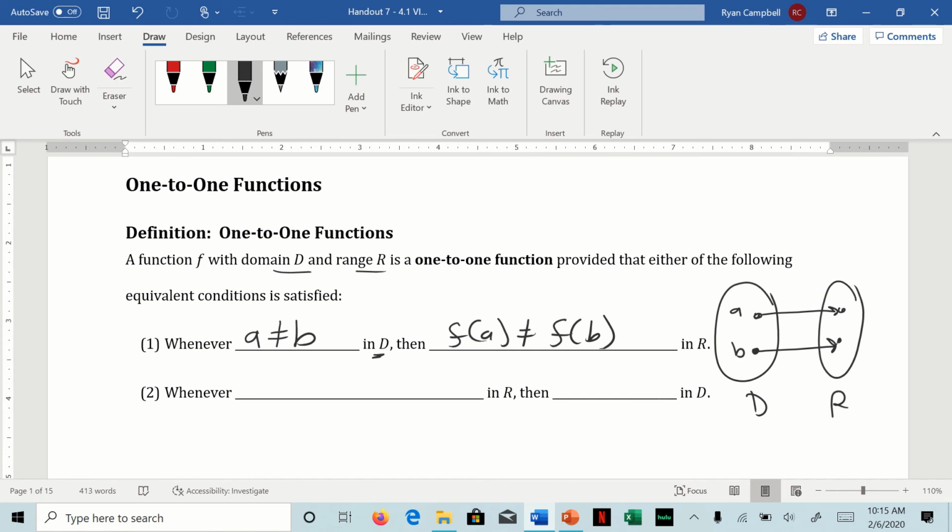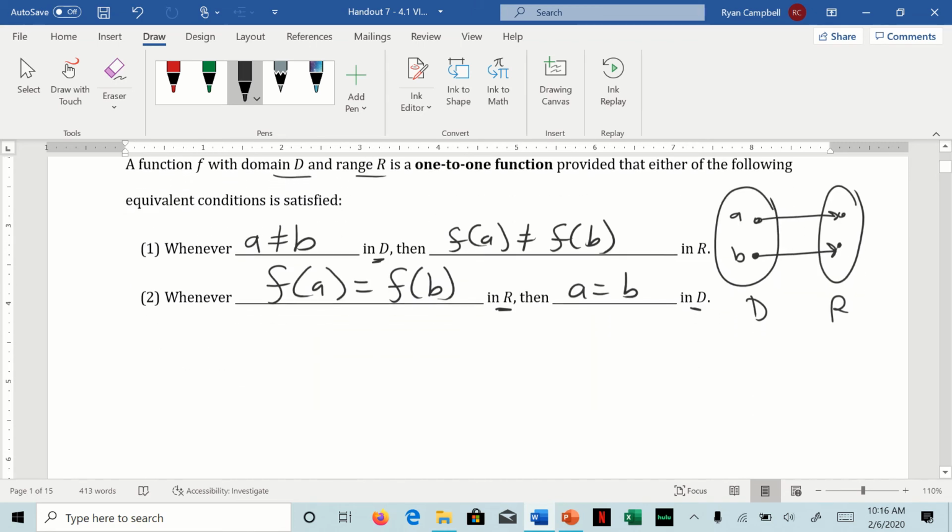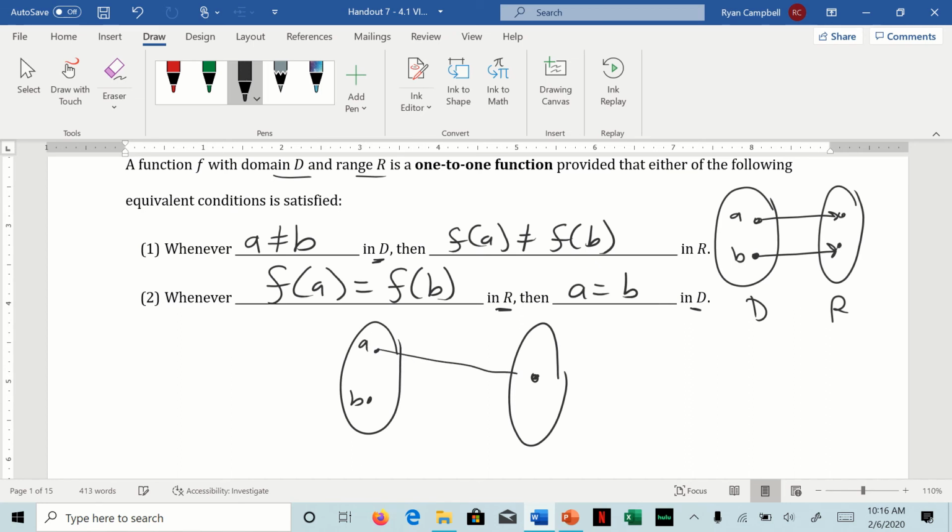Or alternatively, we could say if f of A does equal f of B in the range, then A has to equal B in the domain. That's kind of saying the same thing. If we have f of A is f of B, so A and B are pointing to the same thing, then it only makes sense for it to be one-to-one if A and B actually are the same thing.